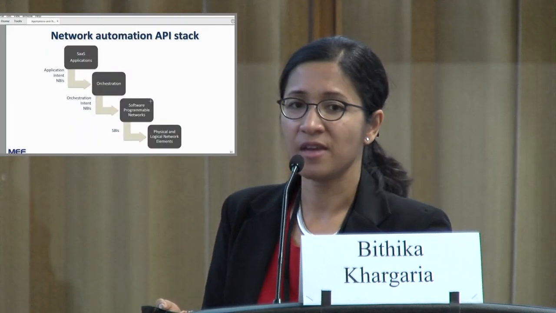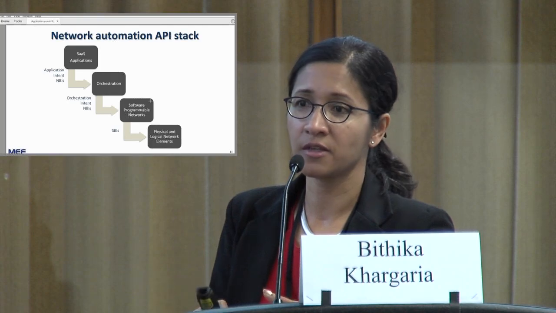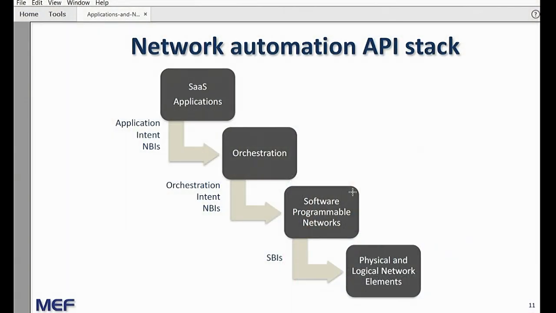So in terms of the API stack, the name of the game is open APIs, standard APIs, APIs that the community comes together to determine and to build. So you'd see a SaaS application using application intent APIs into the orchestration layer. And the orchestration layer is where it's going to deal both with the networking piece, the connectivity services, as well as the layer 4 to 7 services.